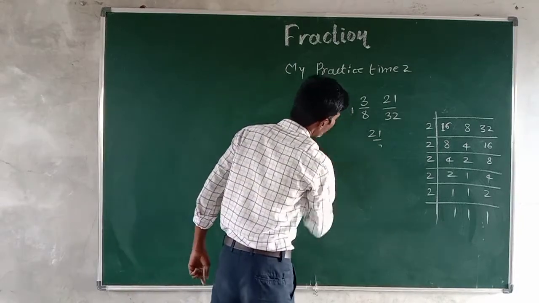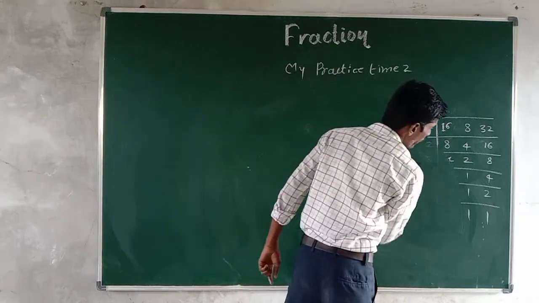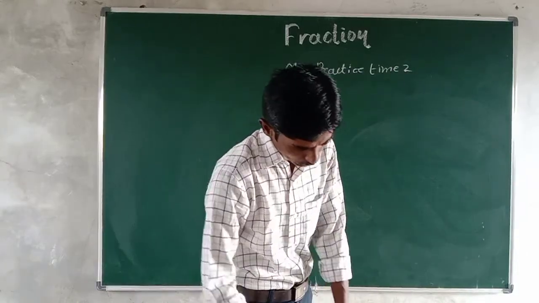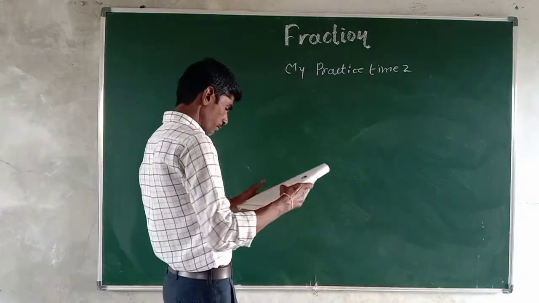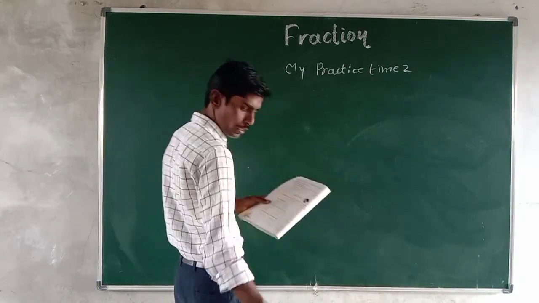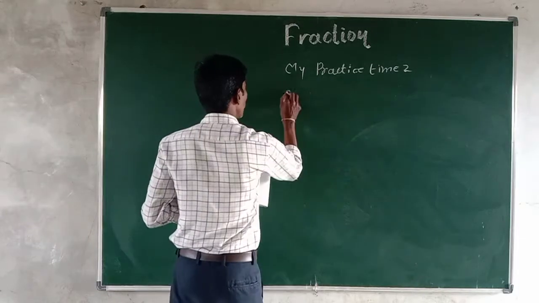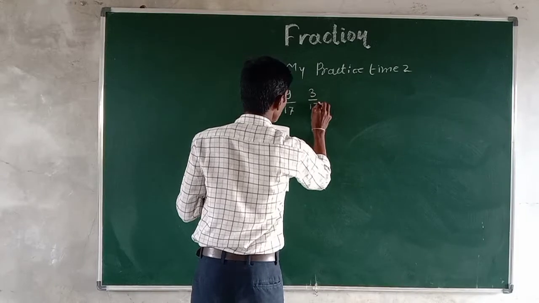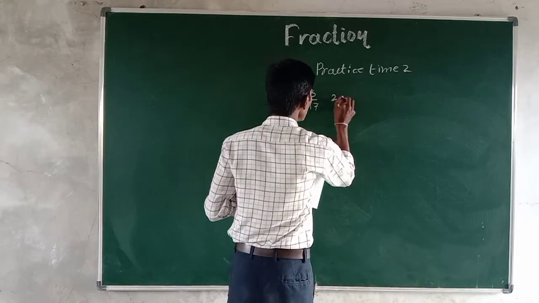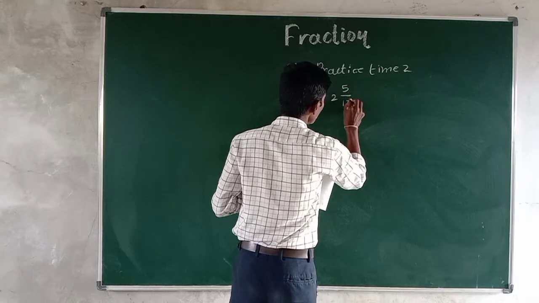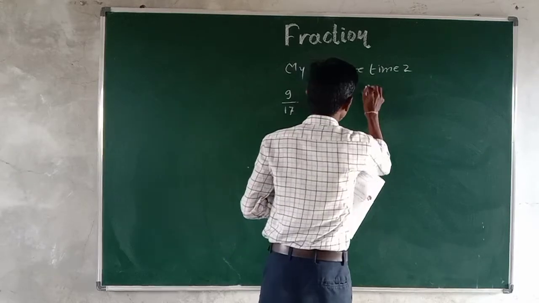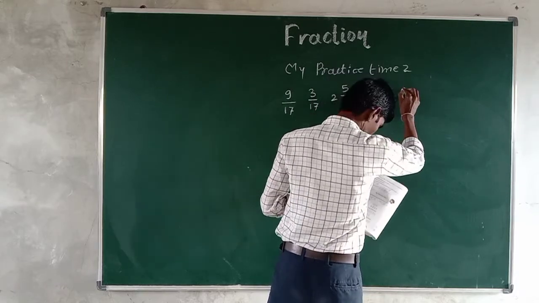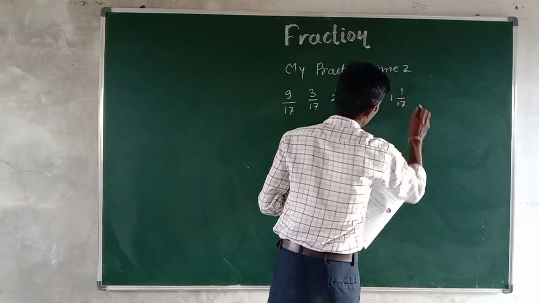And for the next question, you have to write the descending order, exactly the opposite of this question. We will take one example: 9 upon 17, then 3 upon 17, then 2 whole 5 upon 17, then 10 upon 17 and 1 whole 1 upon 17.